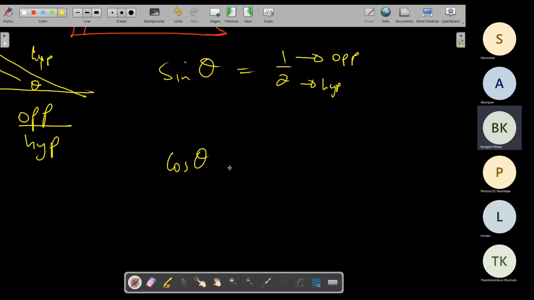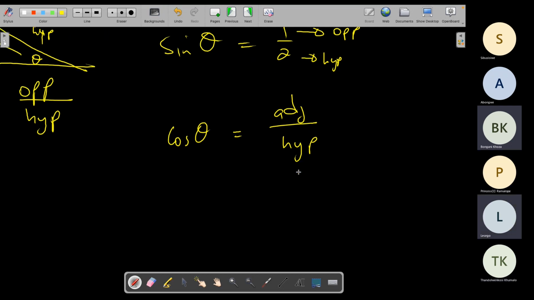And then if you are given cos theta, for the same triangle, it's just going to be the adjacent over the hypotenuse. So the hypotenuse sits in the denominator. It's adjacent over hypotenuse. And then the last one we have is tan theta, which would be opposite over adjacent.